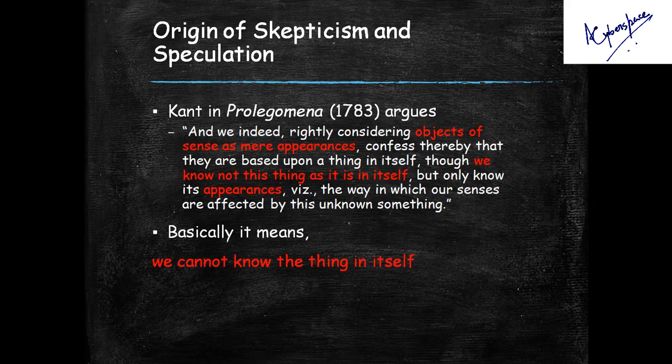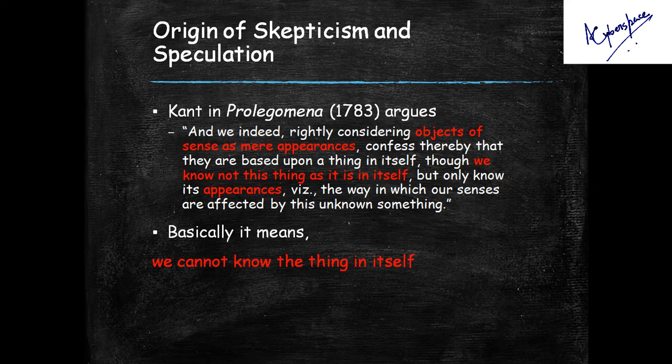And Kant, in Prolegomena, argues, and I quote, "And we indeed, rightly considering objects of sense as mere appearances, confess thereby that they are based upon a thing in itself, though we know not this thing as it is in itself, but only know its appearances, which is the way in which our senses are affected by this unknown something."